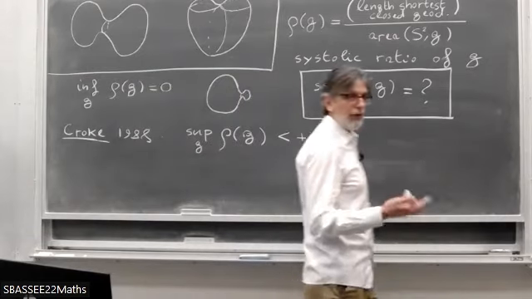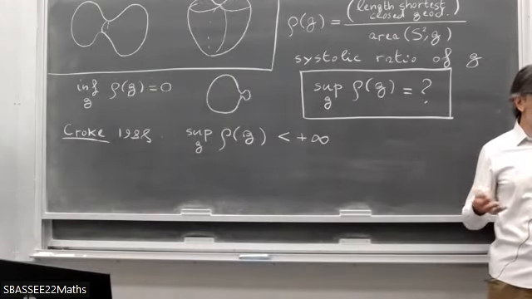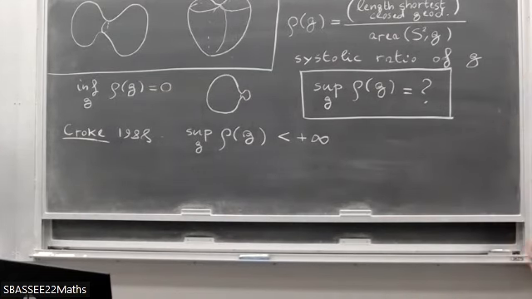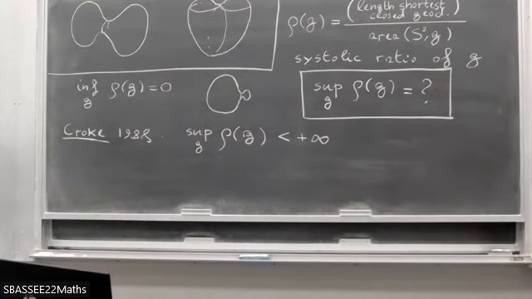The whole theory of surfaces of negative curvature is very rich, and it is fruitful to look at systolic questions there too. There are a lot of results on that.